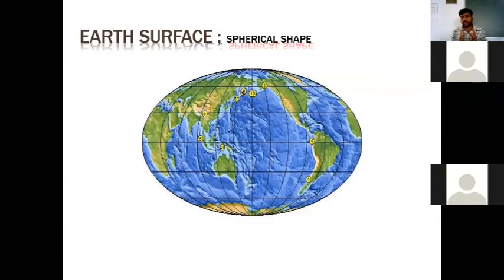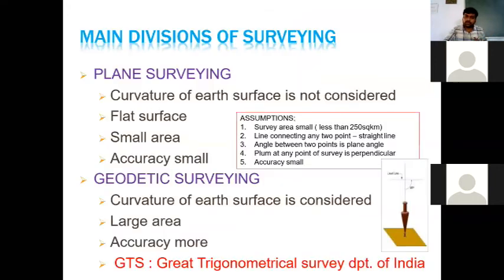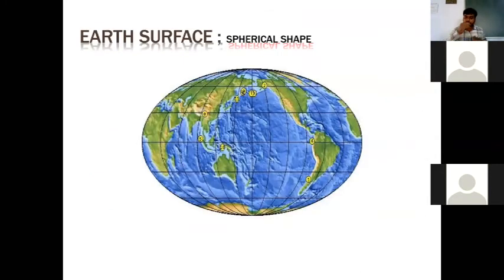You know, the earth is spherical in shape. Actually, don't consider the earth as round; the earth has a spheroidal shape. On this spheroidal shape, how are we going to take the measurements?